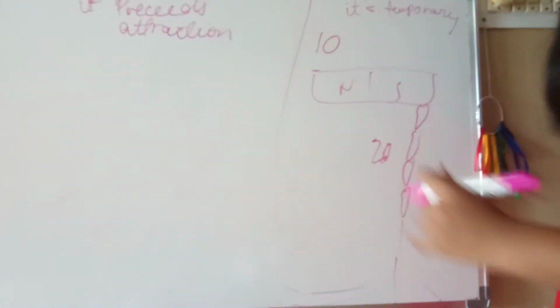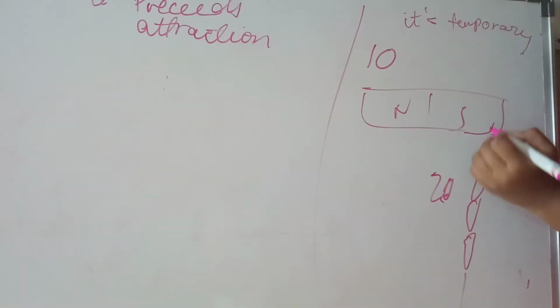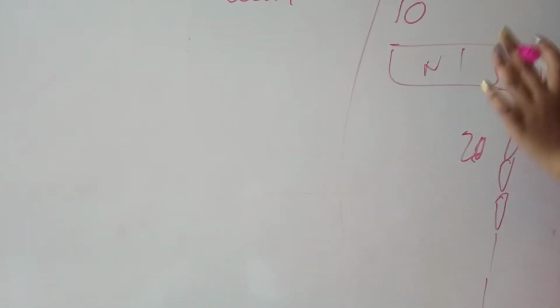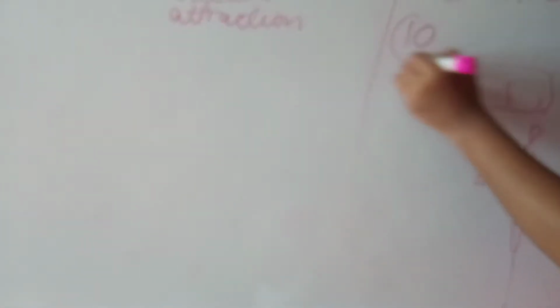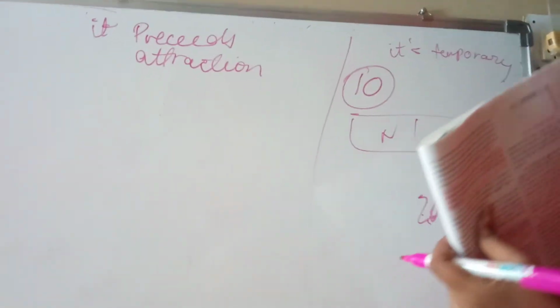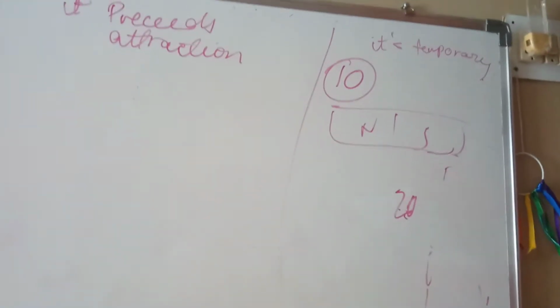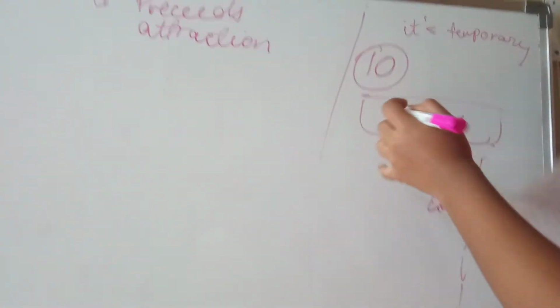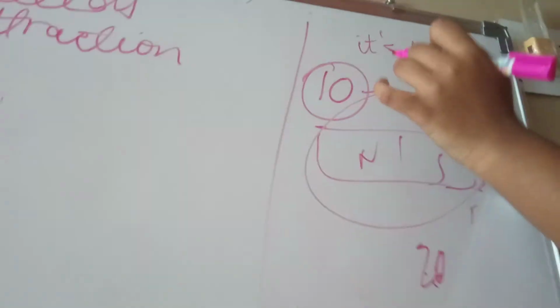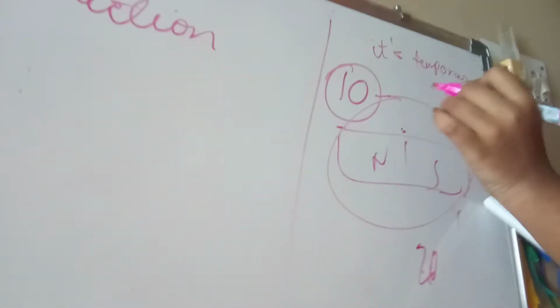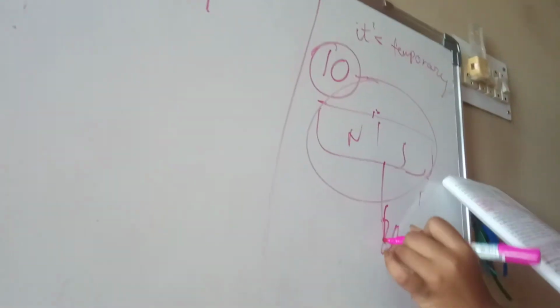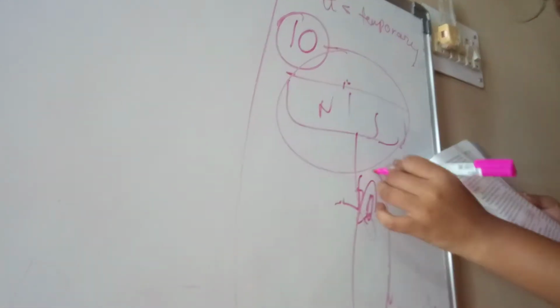It goes on attracting, and it goes to 20. So this magnet would have no more force to attract these pins which have higher weight than this magnet's force. So it will leave them, and this becomes temporary magnetism. A proper line for this: this force only continues till the force of attraction of the magnet is sufficient to balance the total weight of the magnetic pins.